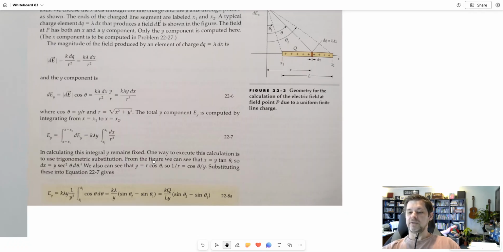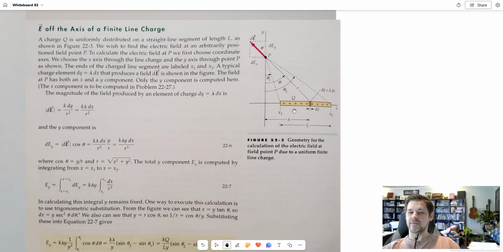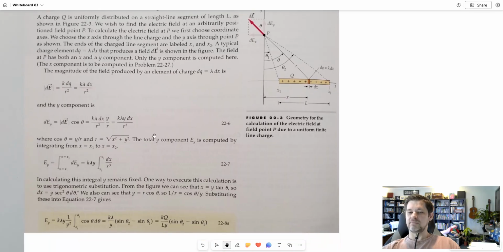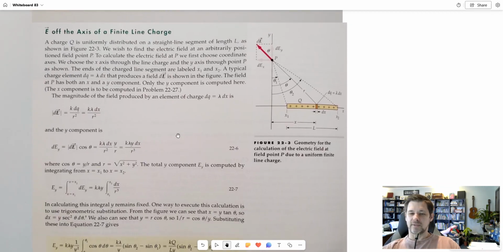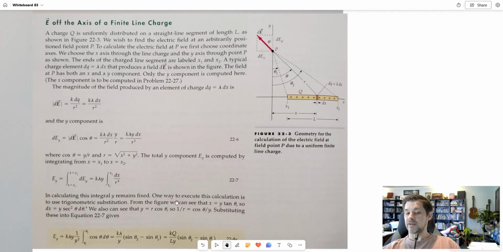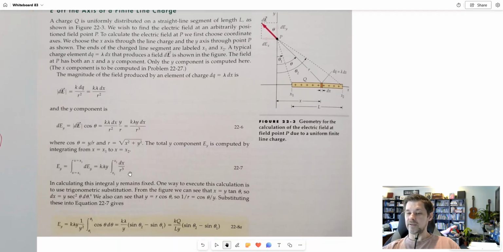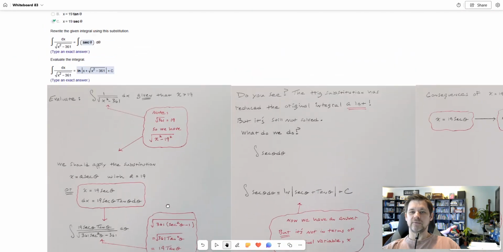So here's one example of a real physical phenomenon with electric fields that involves calculus and specifically trig substitution. Okay, so is it necessary? I don't know. I'll leave it up to you to decide, but here's an example where we could use it to break down the integral and solve it. Okay, all right, so that's what I have to say about this one.